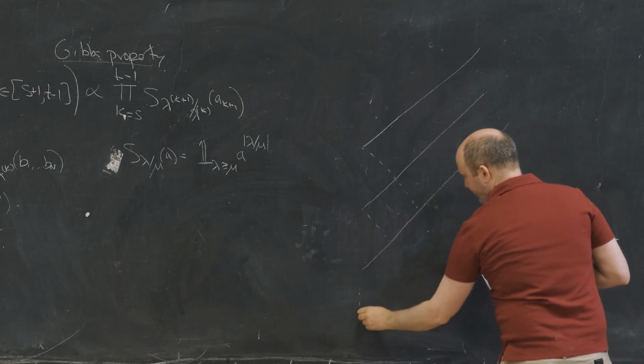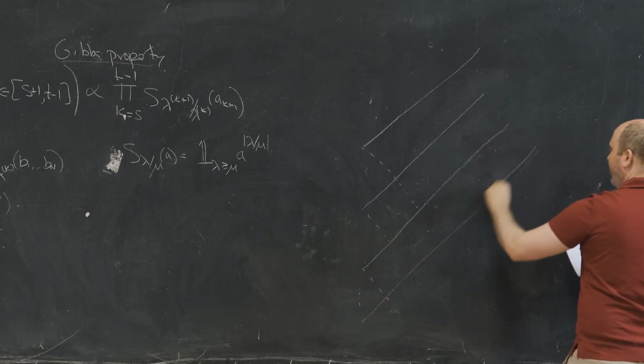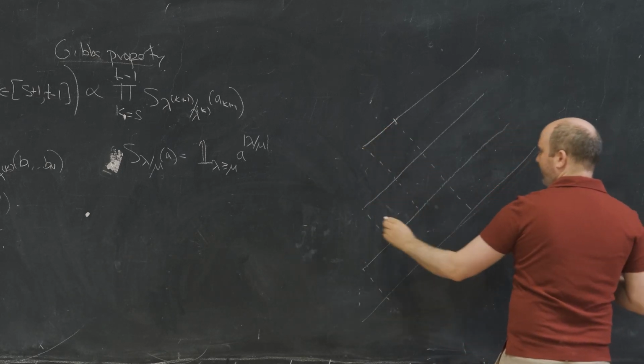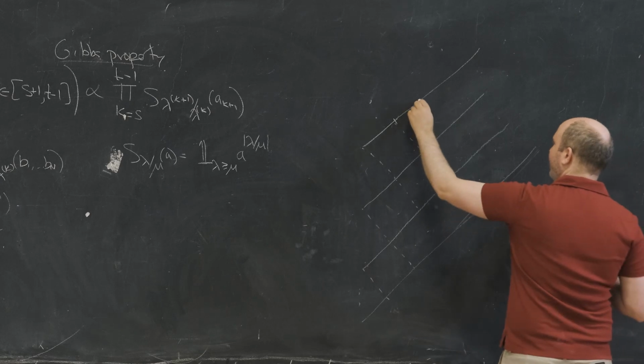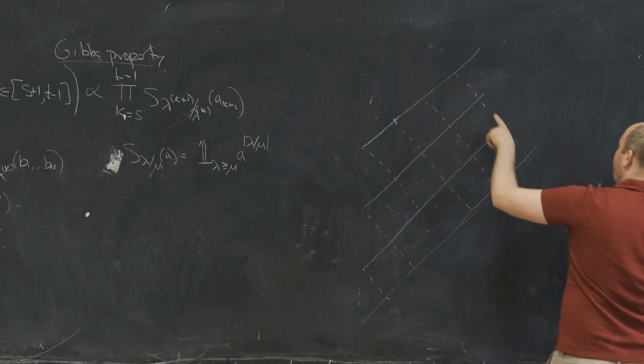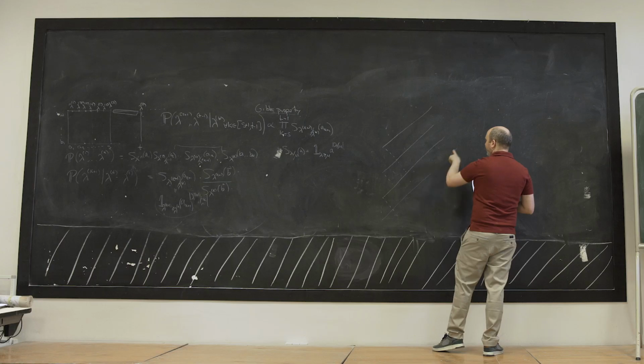And maybe I'll do one more layer. And the rule is, I have these two types of edges. There are no boundary condition edges. There are no dinosaurs or boots.